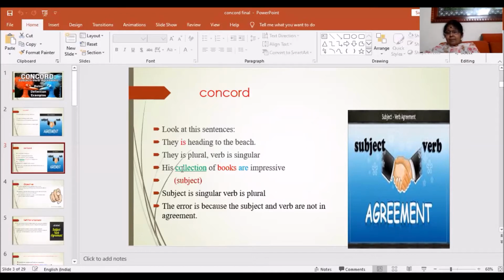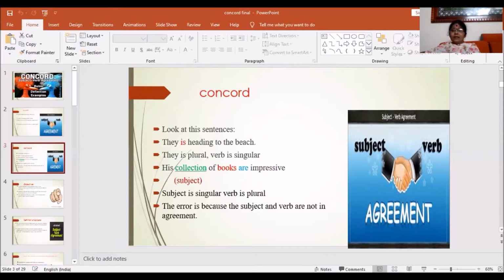But our subject is collection, right? So the subject is singular and the verb is plural. So what is wrong here? The error is because there is no subject-verb agreement, right?